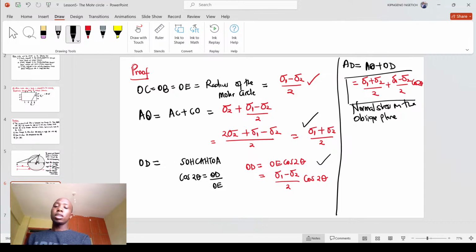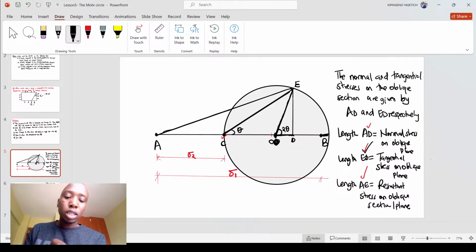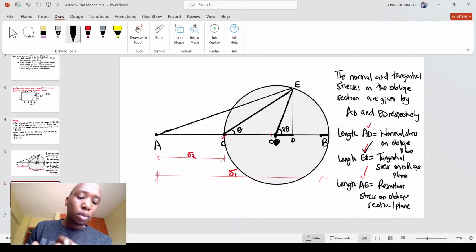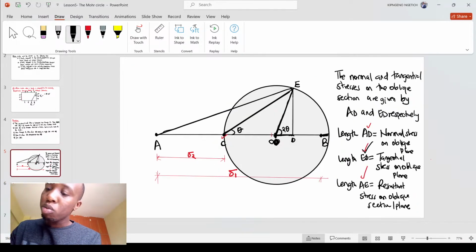Very good. Now we need to obtain ED. The length ED. How will you obtain ED? We can obtain ED by using trigonometric equations.